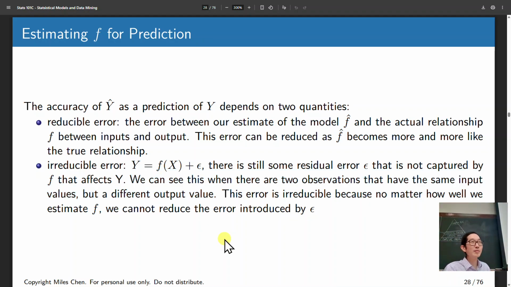Identical twins will be more similar on a lot of things, right? Their heights will probably be similar, but there are going to be things that are still different. You have similar inputs, slightly different outputs. That's going to be your irreducible error. This error is irreducible because no matter how well you figure out what this function f is, you're still not going to be able to get rid of whatever error is introduced here.